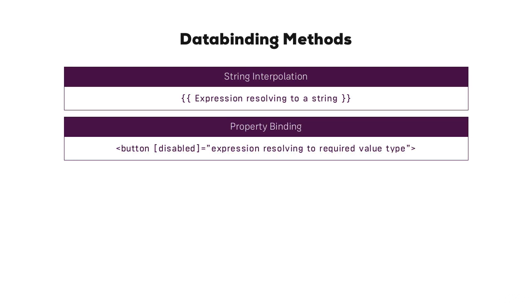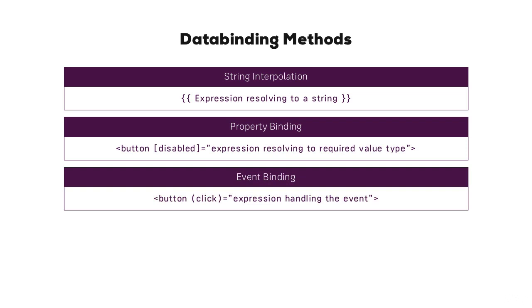Kind of the opposite of property binding, where you send data to a property, here for example to the button property, would be event binding, where you listen to events emitted from an element. Here, for example, we're listening to the built-in click event. And this click event is available on a button, for example.